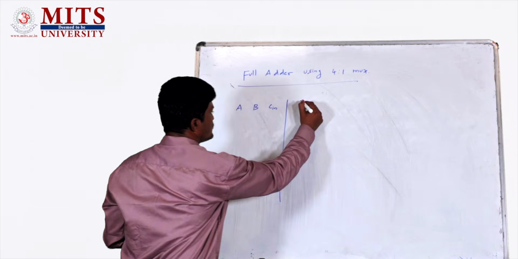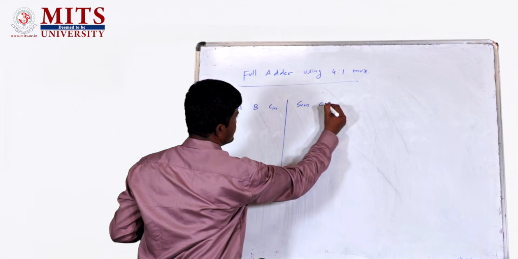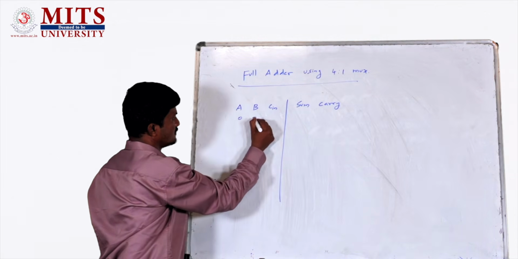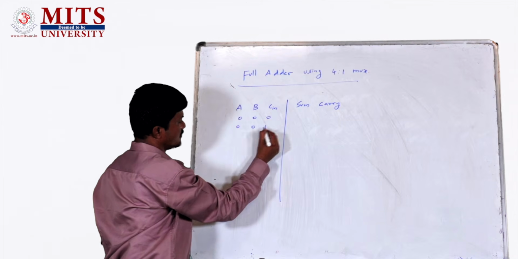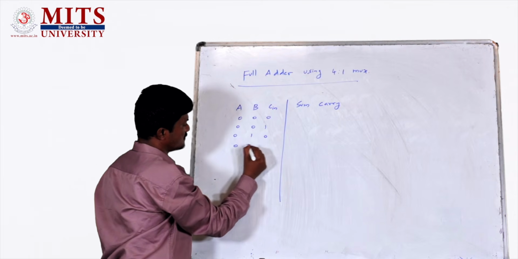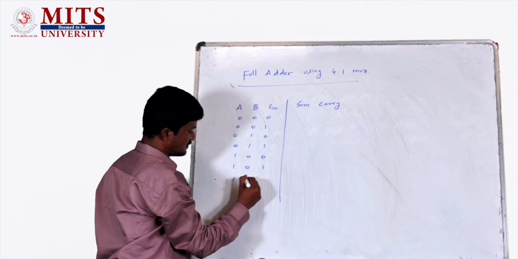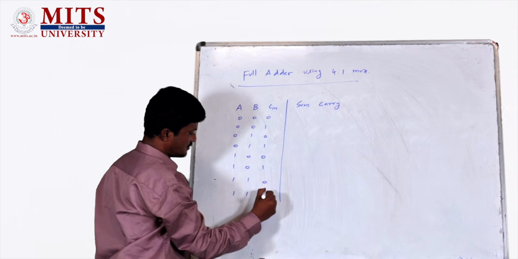Then 2 outputs, sum and carry. Then the truth table of 0 0 0, 0 0 1, 0 1 0, 0 1 1, 1 0 0, 1 0 1, 1 1 0, 1 1 1.